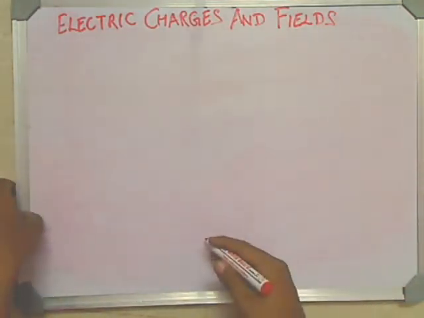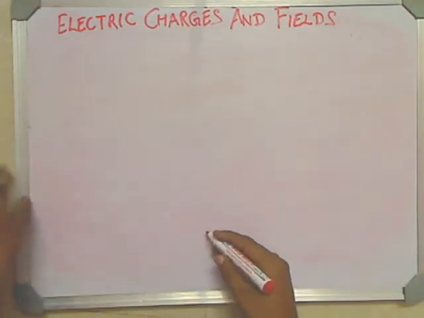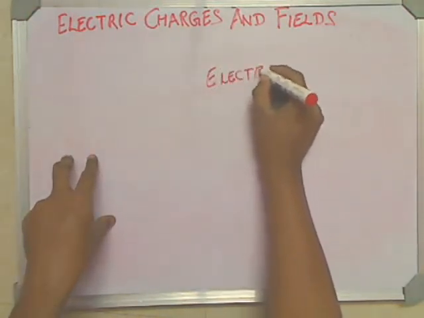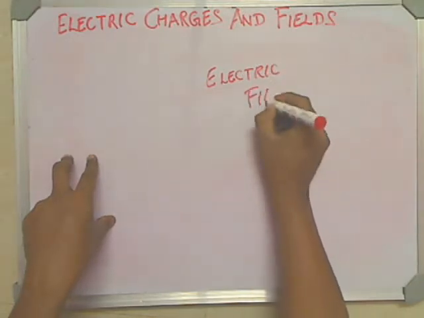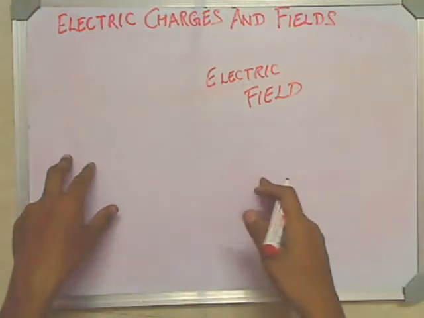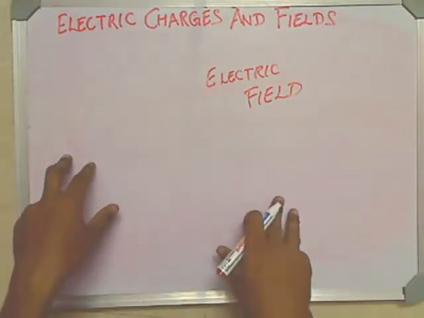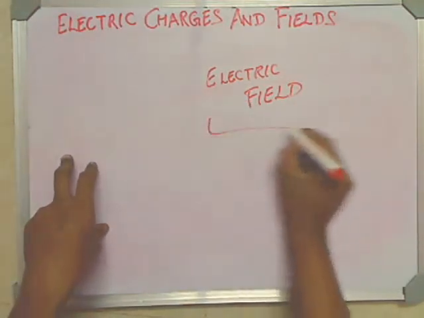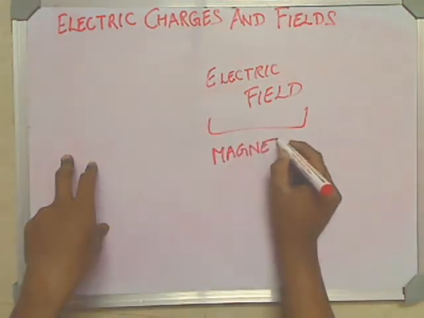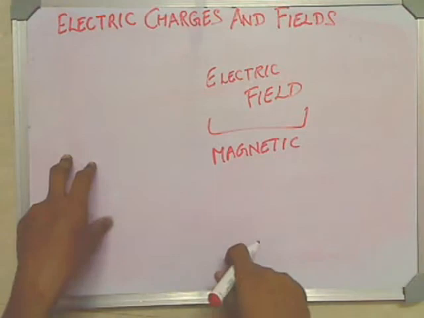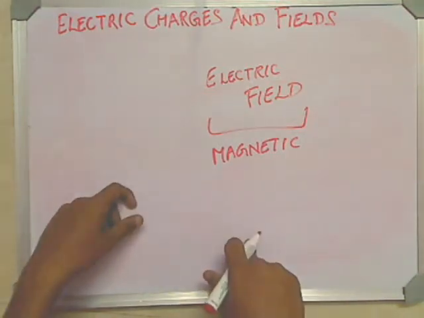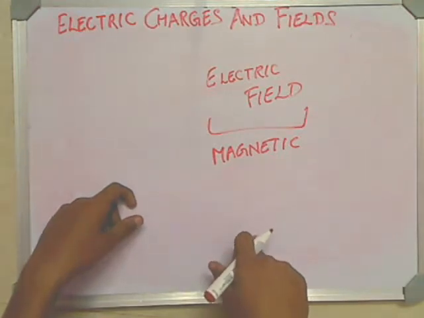Now, because of protons and electrons, you have an electric field that is generated. Now, we've not been able to feel an electric field by ourselves, but if you compare this to a magnetic field, it's almost the same. It's not the same, but it's almost the same. In order to understand an electric field, it's better if you start by understanding what a magnetic field is.